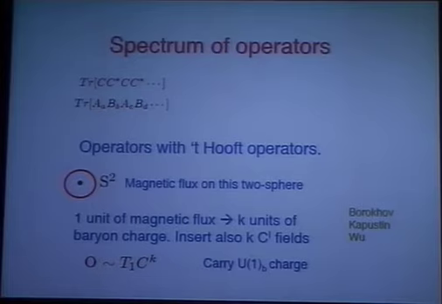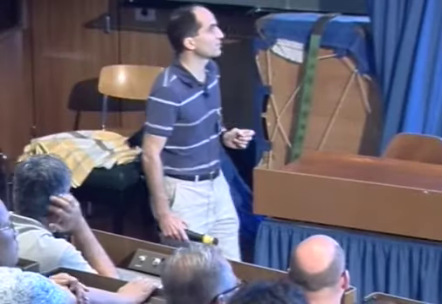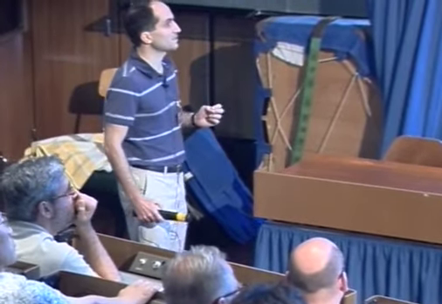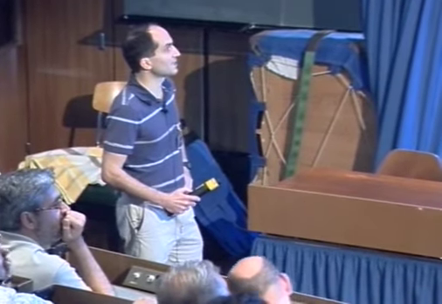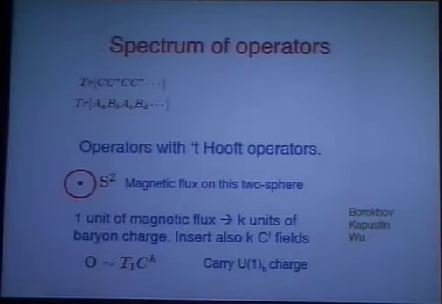Now these are operators which you cannot write in terms of the fundamental fields of the Lagrangian, but rather the way you construct them is by changing the boundary conditions of the path integral at a point. So you select the point where the operator will be inserted, and you say that there will be 1 unit of magnetic flux on this 2-sphere. So that's how the 't Hooft operators are constructed, and of course we in general can have these operators.